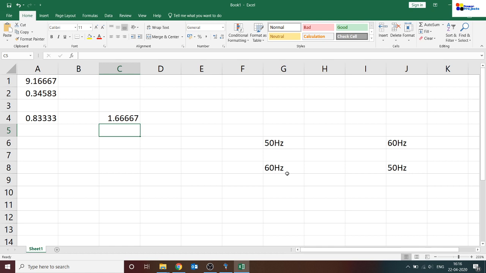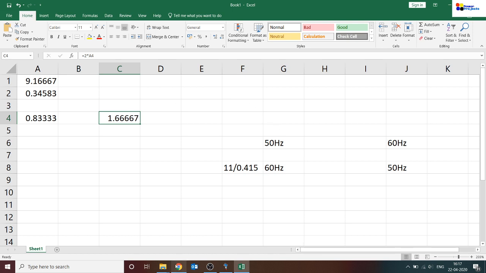If you want to use an 11 by 0.415 kV transformer designed at 60 hertz at 50 hertz, then you can use it as a transformer of only 9.16 kV by 0.345 kV. You can use it at 50 hertz, but the transformer rating will no longer be 2 MVA, it is only 1.666 MVA. I think that clarifies most of your doubts.